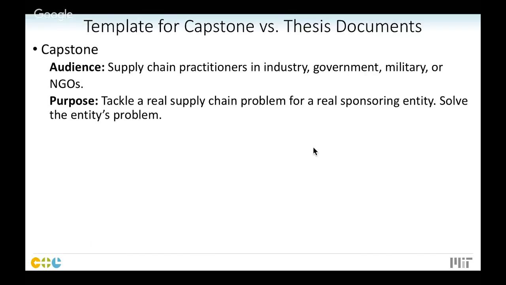Solve that problem. Still, we will follow a research approach that I will discuss in a moment. And of course, it's expected that you will elaborate on the managerial implications, right? What could be taken from that project that could also be used for other companies in similar contexts. But the purpose in general is focusing on the real problem for the industry.